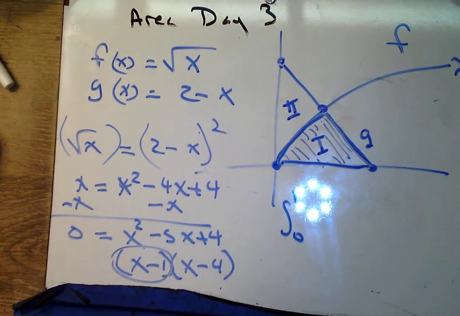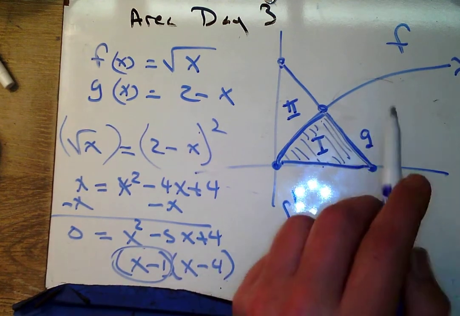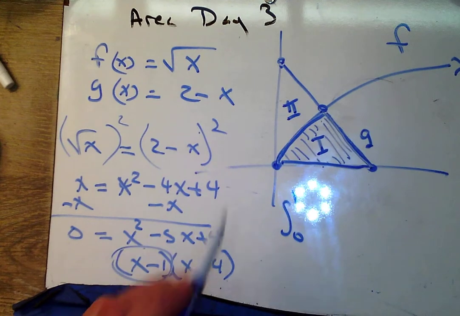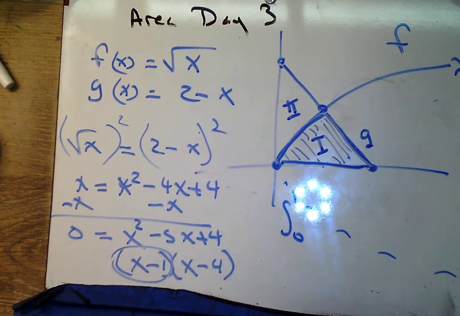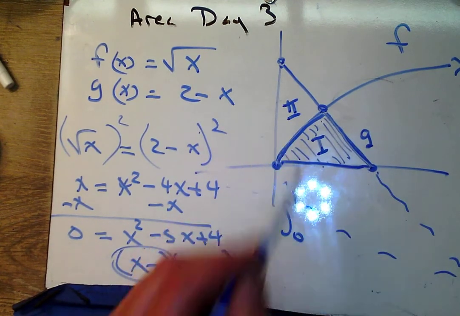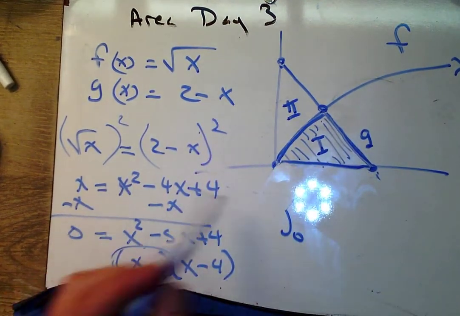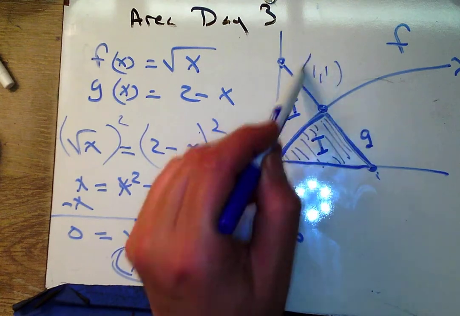And lo and behold, these things intersect at 1. Remember, this is a must-check situation because we squared both sides, and it turns out that 4 doesn't work. 4 would work if we had the plus or minus, but we don't, and so we're not going to have to worry about that. This is just the point (1, 1).